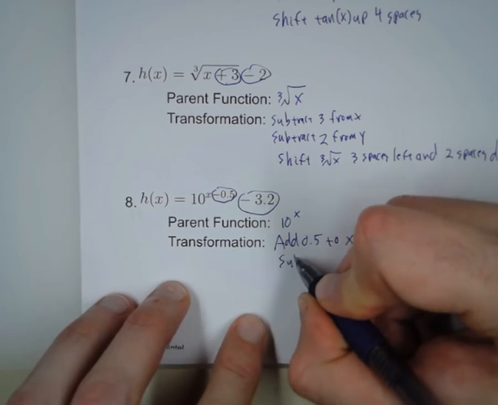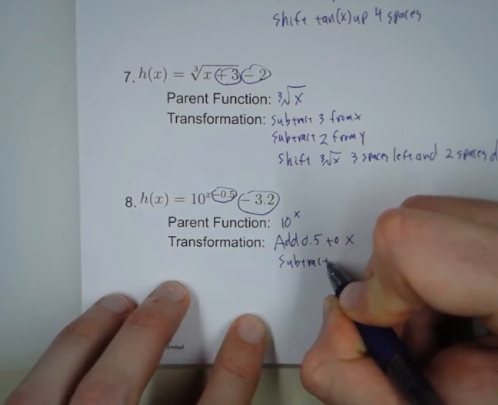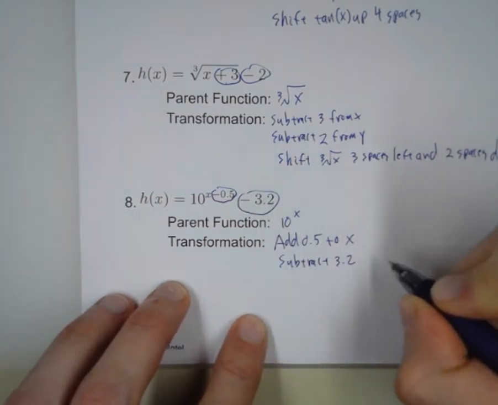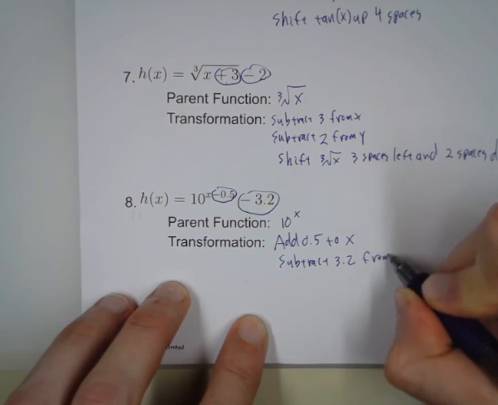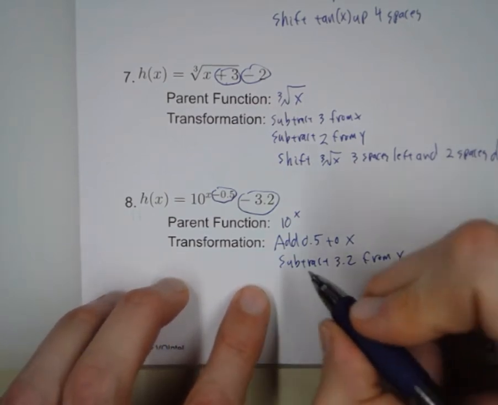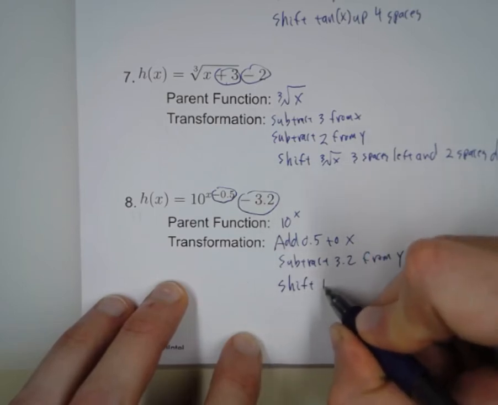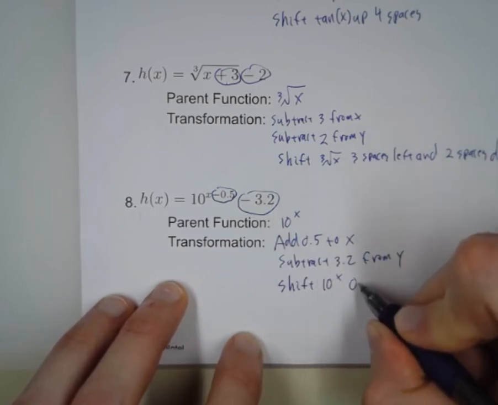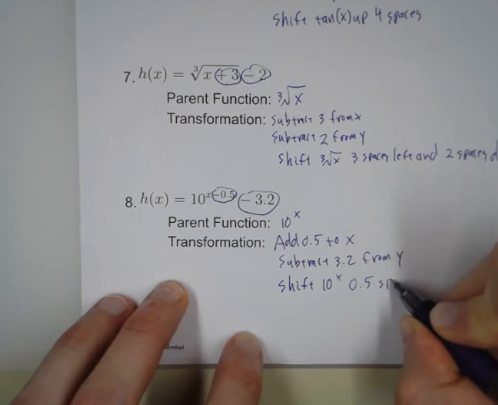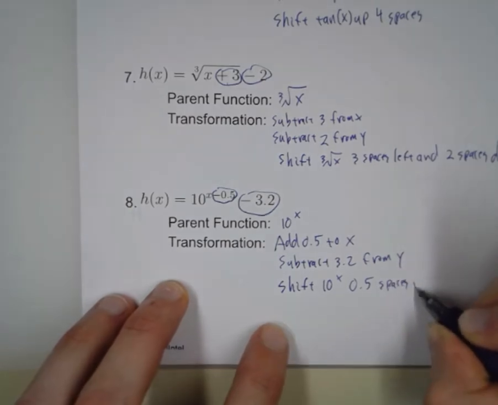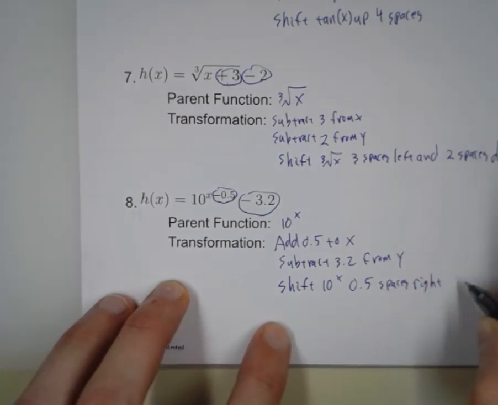So I'm going to subtract 3.2 from y. So the overall effect is that I shift 10 to the x, 0.5 spaces to the right, and 3.2 spaces down.